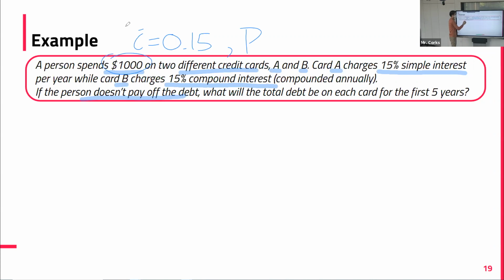Okay, we'll consider them independently and compare what happens. And we have our t value, which is 5 years. The second card is compounded annually, which we'll see later is an important thing to mention. All right, so simple interest first. We have our principal.